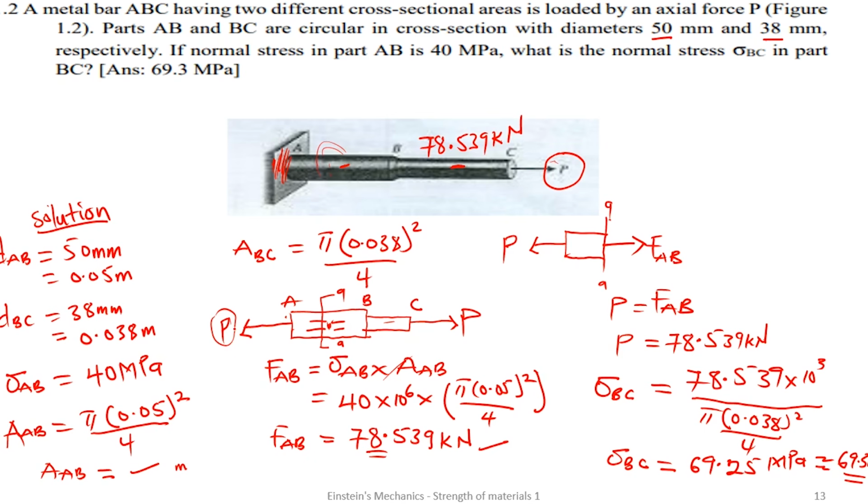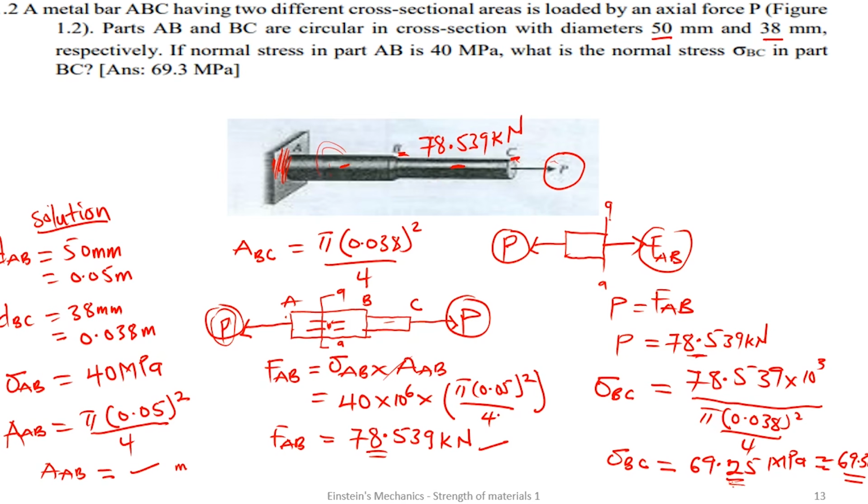Since this force is moving this way, there should be a force opposing it, which is the same as FAB. And we know that this P is also equal to this, since this was equal to that. So we saw that P was also this, and we got our area from member BC, and we estimate the stress in BC.